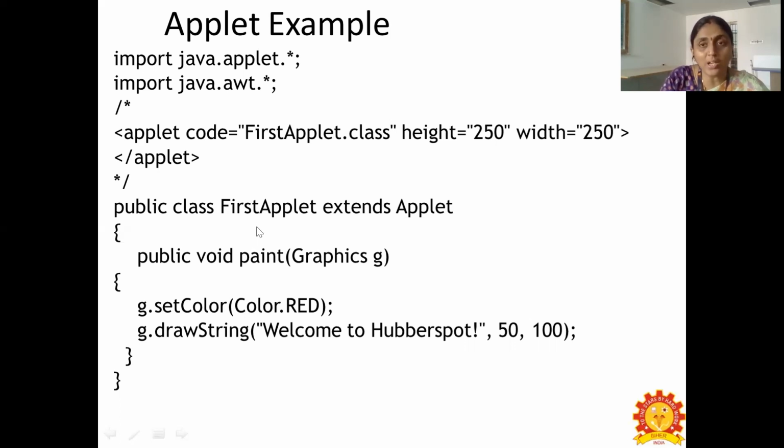So for drawing on the window of the applet, we use the paint function. Public void paint, and the argument will be the Graphics class object. This Graphics class object is responsible to set the color for the applet window and to draw something on the applet window. So we make use of the functions which are predefined in the Graphics class.